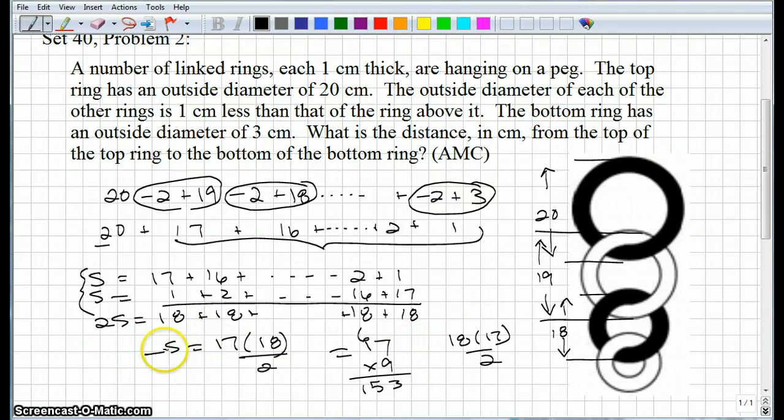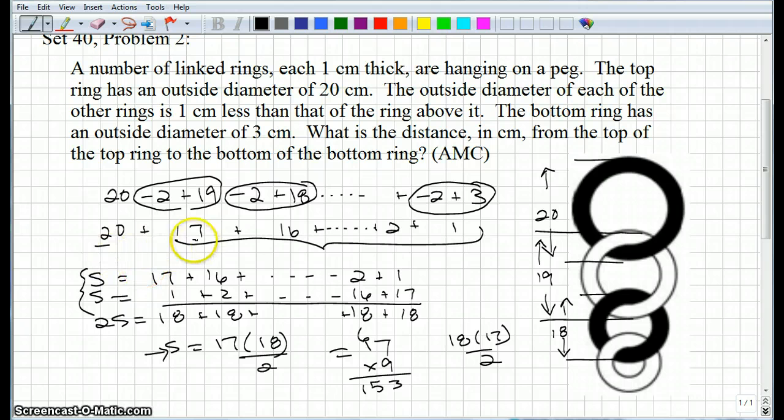And you can see how you get that formula by doing this process. So if you forget the formula, just remember that you can write the sum backwards, add them, and it just becomes a multiplication problem. So either way, you get a sum of 153.